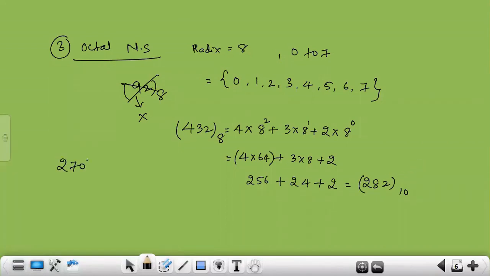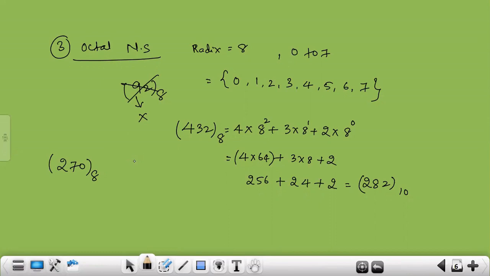270 with base 8. Tell me the decimal value. It is not 152.